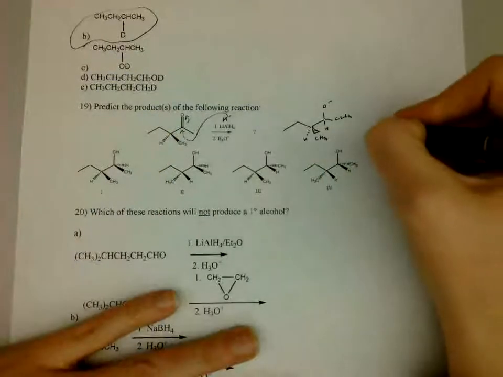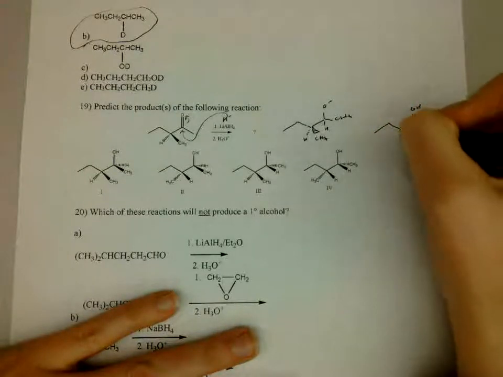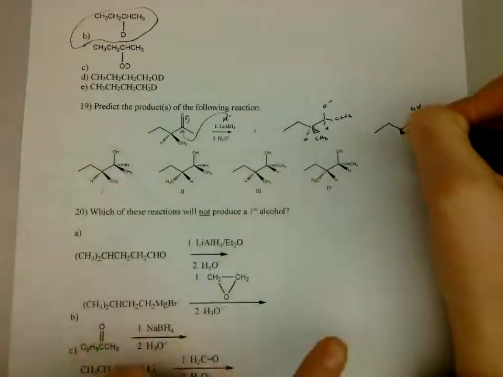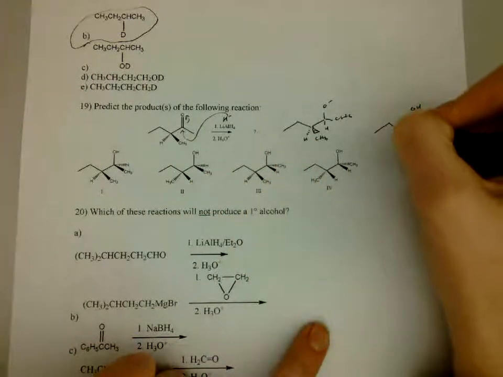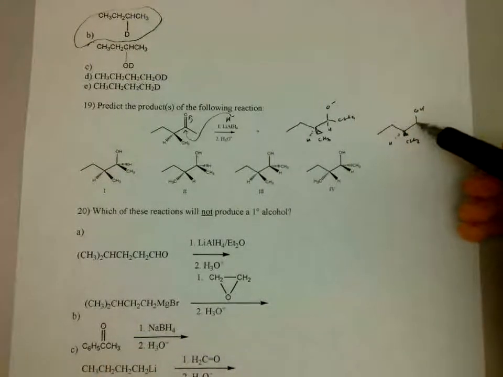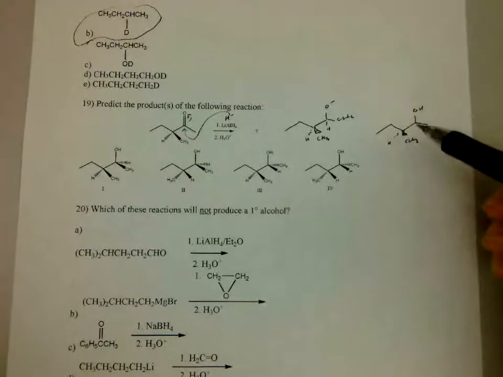And then you add acid to make it OH, CH3. Now, I don't think that this would change because everything's happening on the adjacent carbon, so this should still be the same stereocenter.